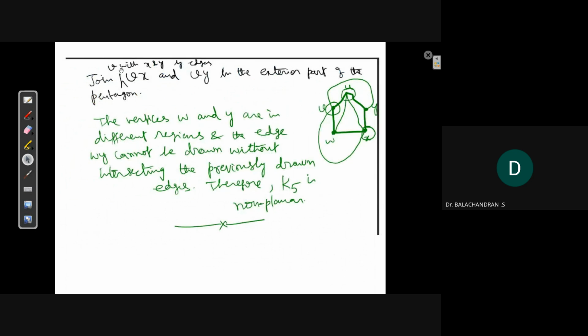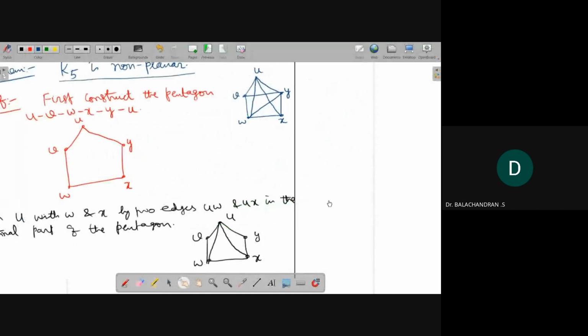Next step: join V with X and Y by edges. Maybe I will put a diagram here, then you can easily understand.